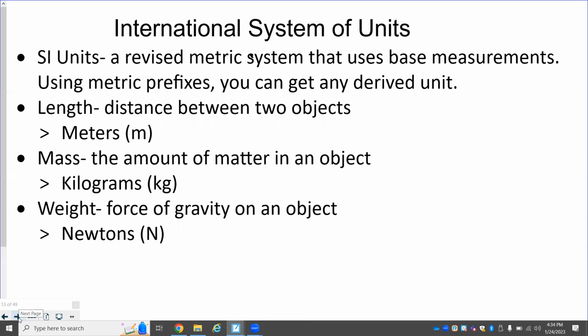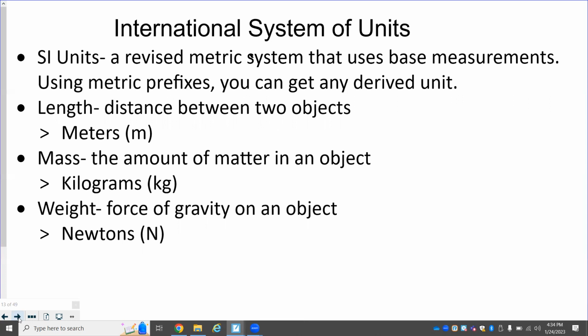So with science in general, but chemistry especially, we have the International System of Units. A lot of times these are referred to as SI units. These are measurements that are metric based. So it's the metric system that has base measurements, like our liter, gram, meter, things like that. And then using metric prefixes, we can get any derived units.